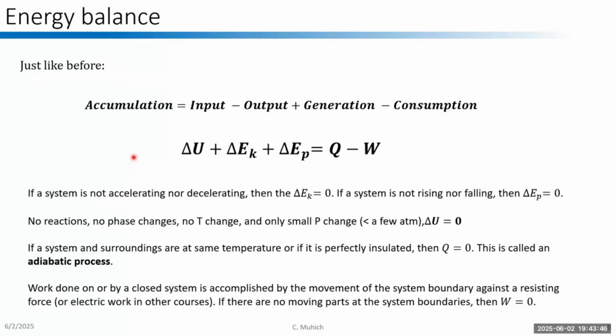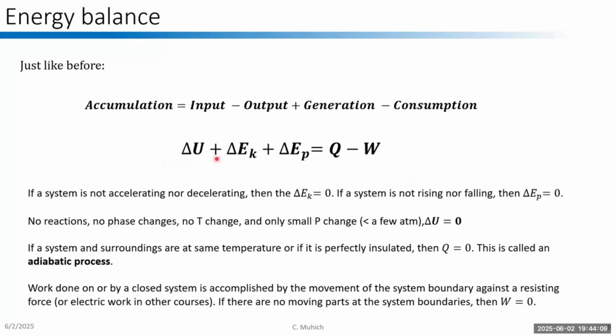All right, so just like before, we can do an energy balance, right? This is our fundamental equation of chemical engineering. Accumulation is input minus output plus generation minus consumption. I can wrap this all down into here, right?